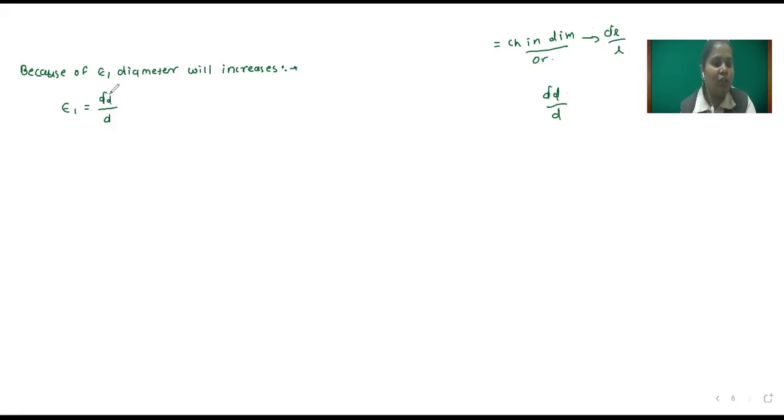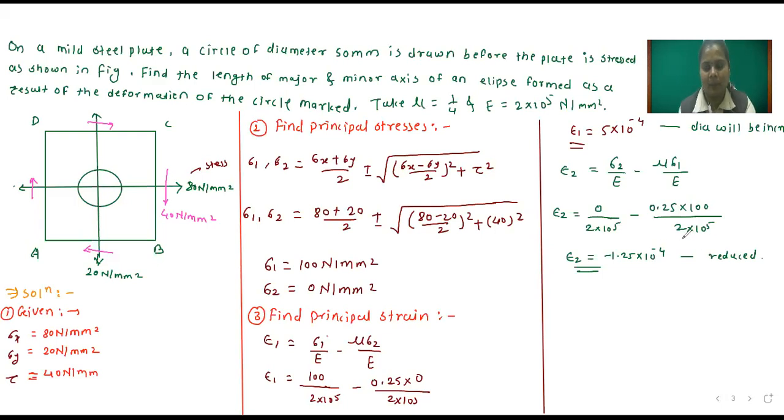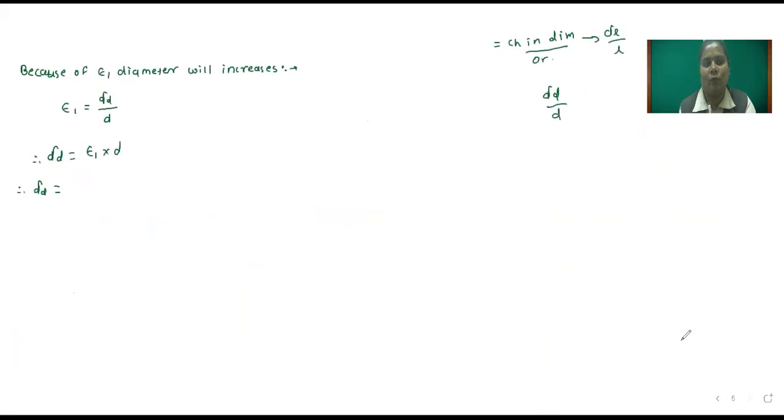Now we have to find out the change in diameter. So change in diameter is equal to epsilon 1 into D, because the original diameter is given in the question. So del D is equal to epsilon 1. Epsilon 1 we have already calculated, and epsilon 1 is 5 into 10 raised to minus 4, into the original diameter of the rod, which is 50.